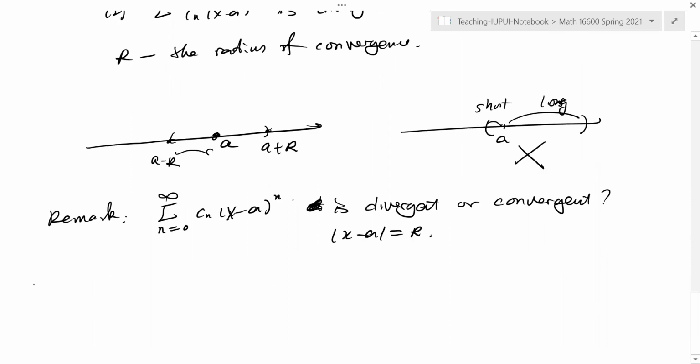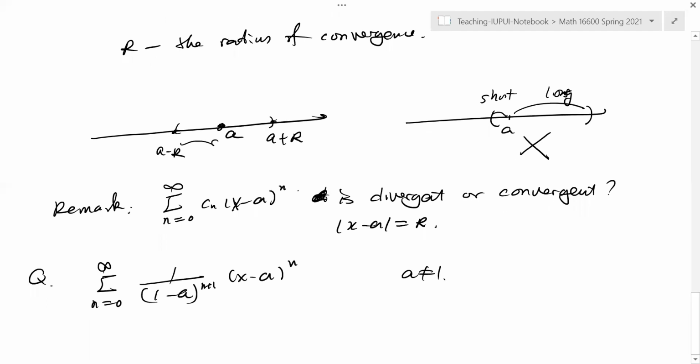So let's go back to the example again. This example, 1 minus a to the nth power, where a is an arbitrary number, a is not going to be 1.